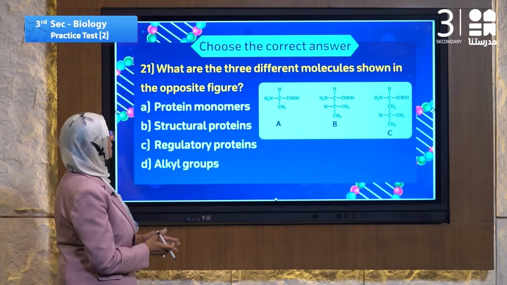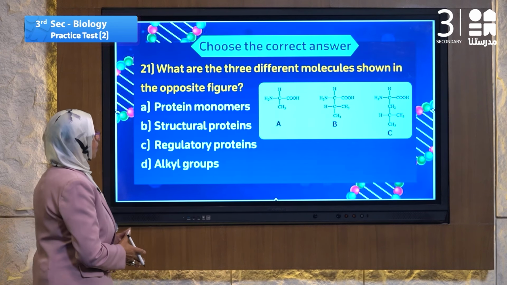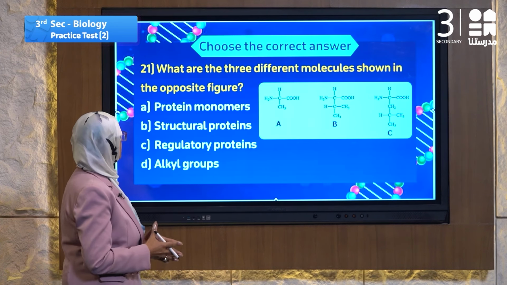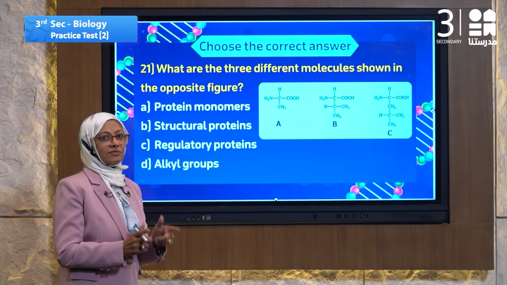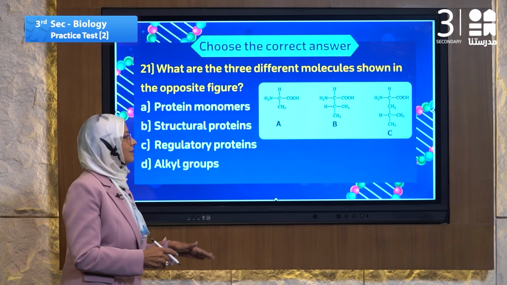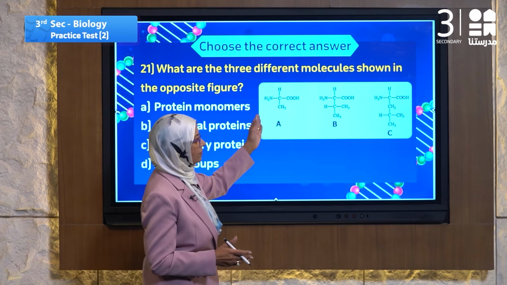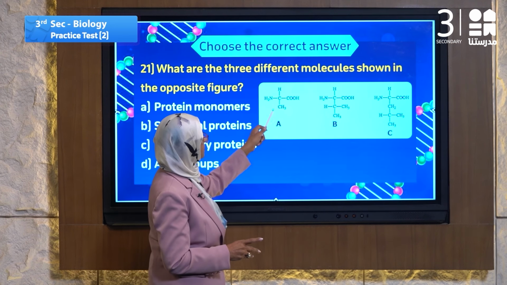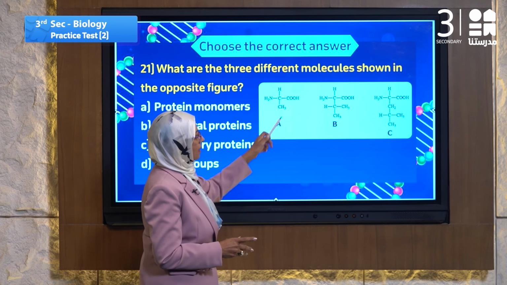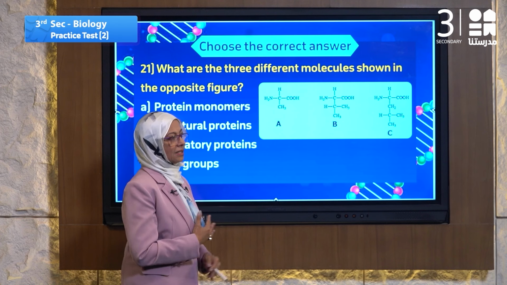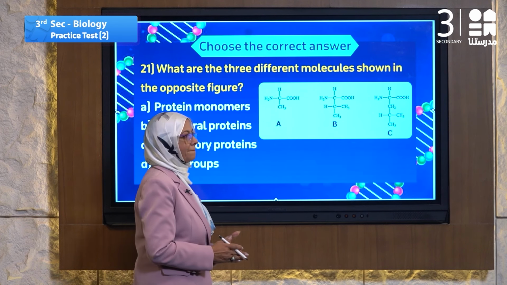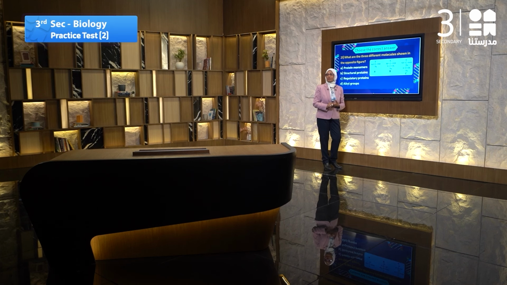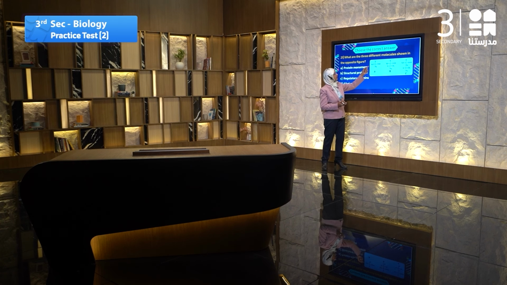Question number 21 is about a structure. What is this structure? We must study the figure well. This structure consists of many atoms. It is an organic material, because organic material consists of many atoms: carbon, hydrogen, oxygen, and nitrogen.